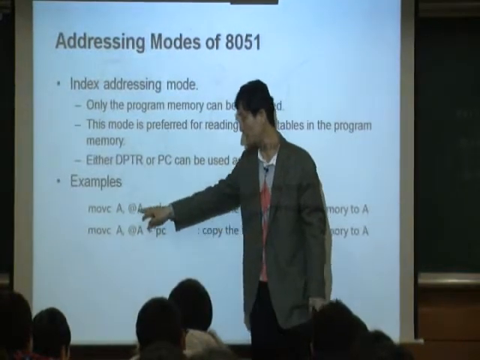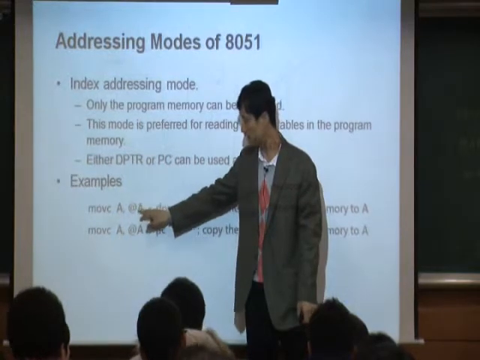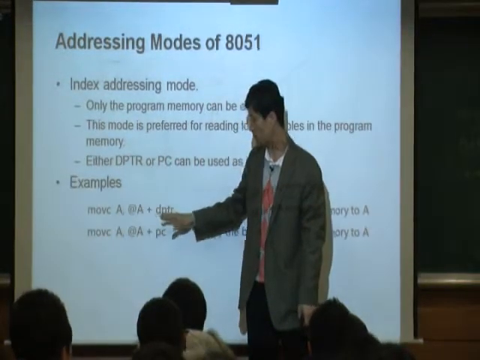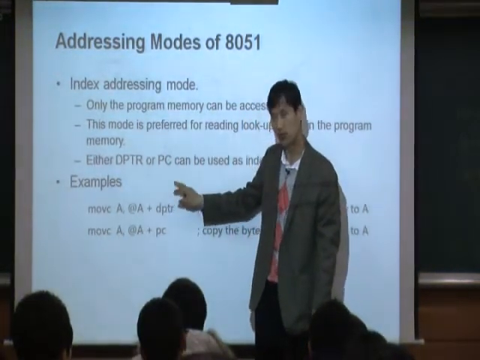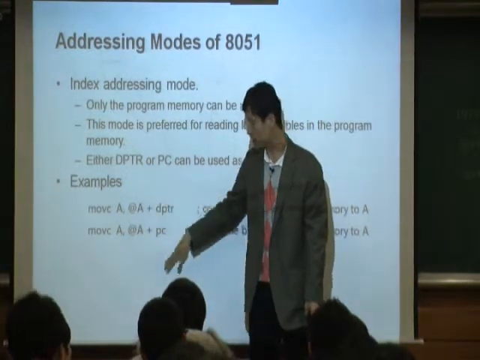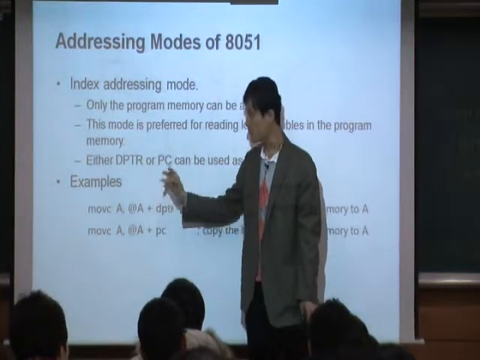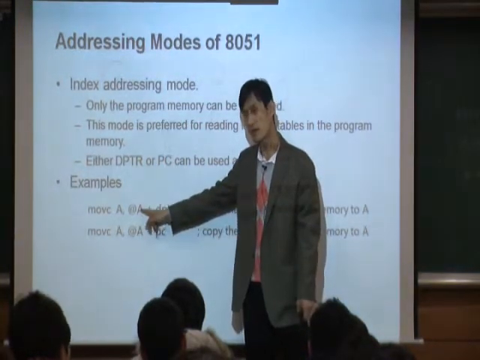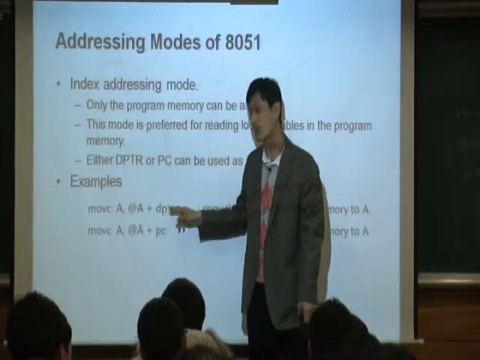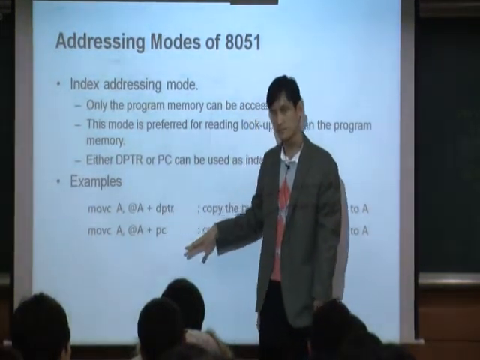Since you add them together, you add the base address and the value in A. For example, the base address is 100, and initially A has 0. On the first loop, you add these two, it's going to be 100. On the next loop, A is 1, so when you add it, it's going to be 101. Next loop, 102, 103.